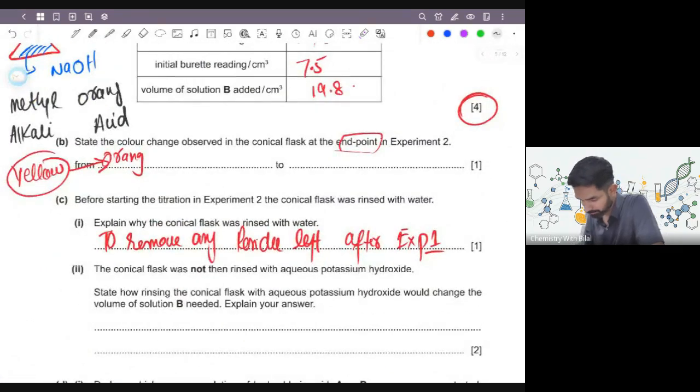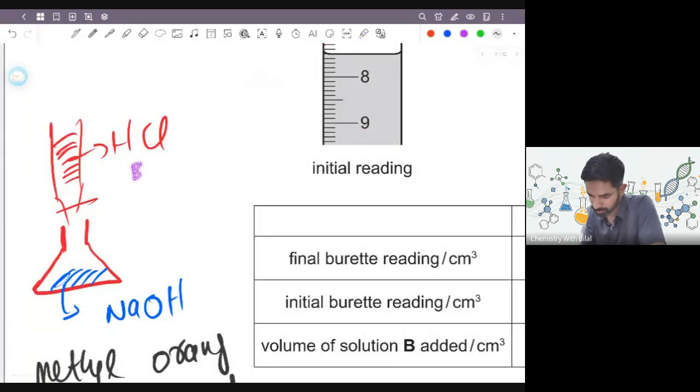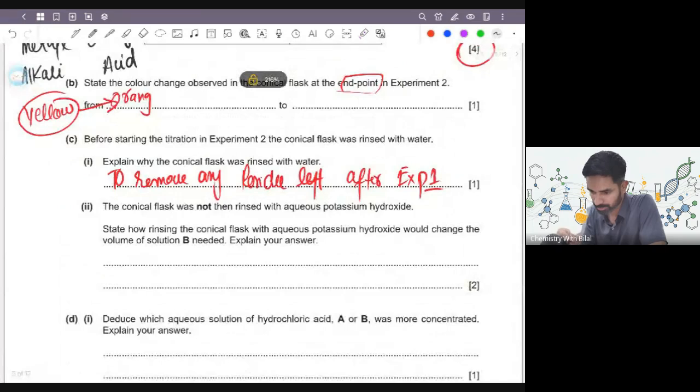So, state how rinsing the flask would change the volume of solution B needed. तो जो B ऊपर से हम ऐड कर रहे हैं, imagine this is solution B, तो जो B ऐड कर रहे हैं it will become more, वो ज्यादा हमें ऐड करना पड़ेगा compared to what we were initially adding.